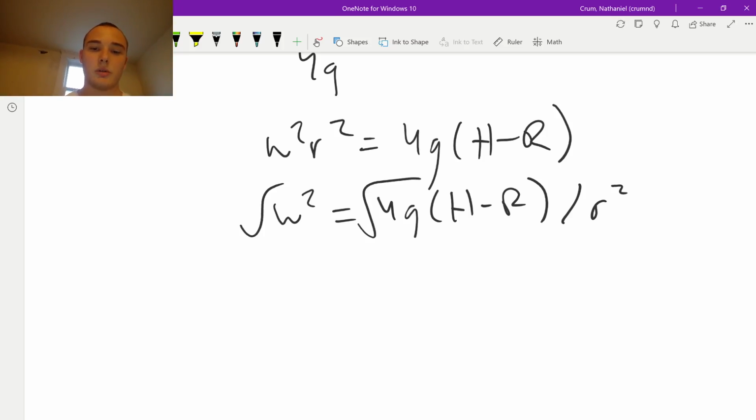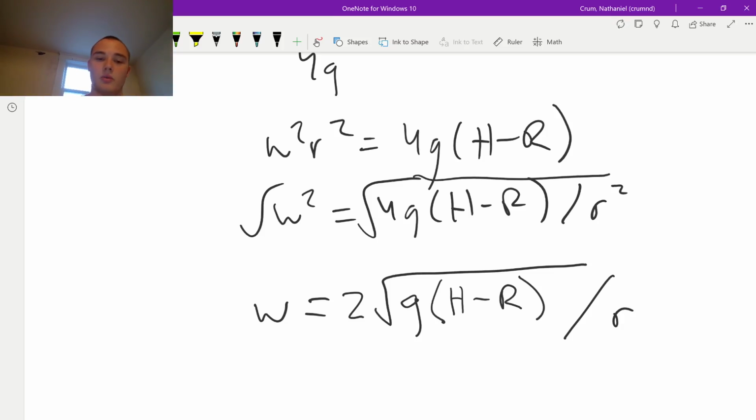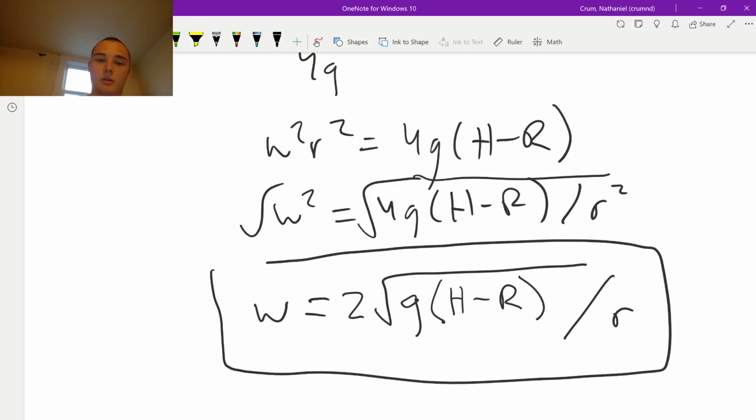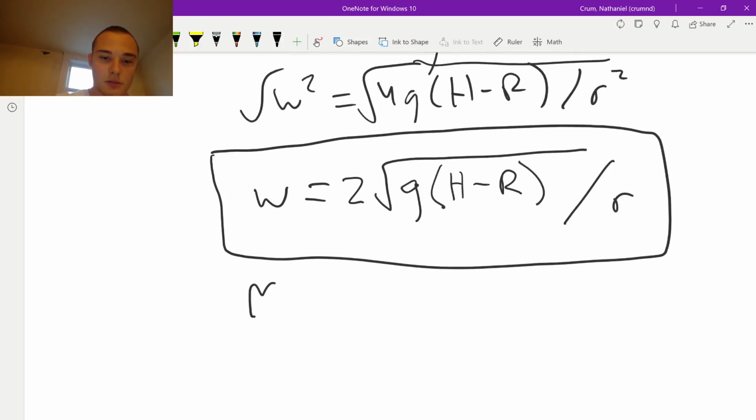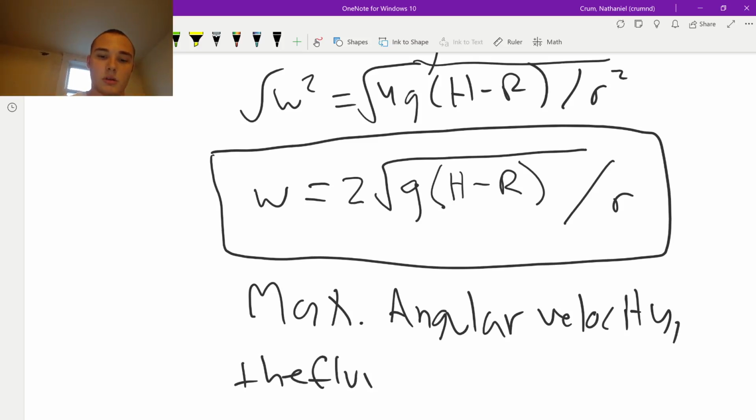So we are left with omega equal to 2 times the square root of acceleration due to gravity times the height of the container minus the radius of the container, divided by some specific radius of the fluid when it's in angular velocity. So this will be our maximum angular velocity at which the fluid spills over the side of the tank.